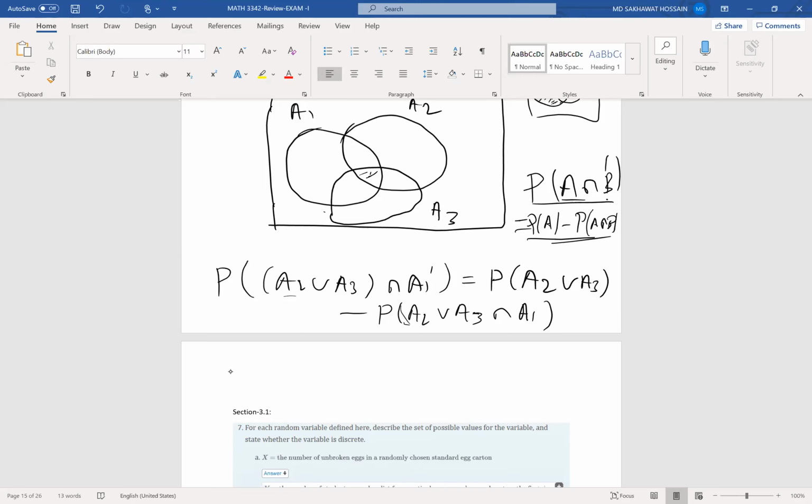Now we already know this probability, A2 union A3, so we can directly write it. Now we have to calculate A2 union A3 intersection A1.